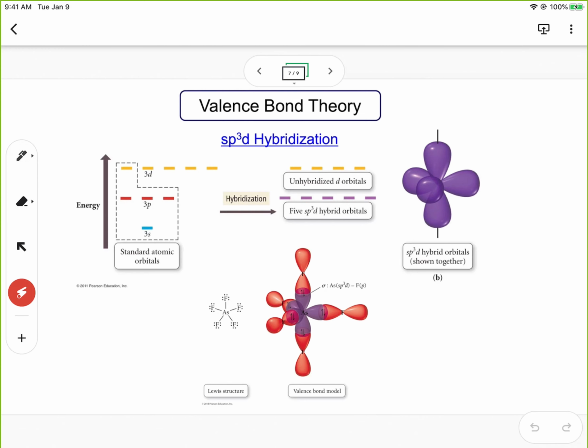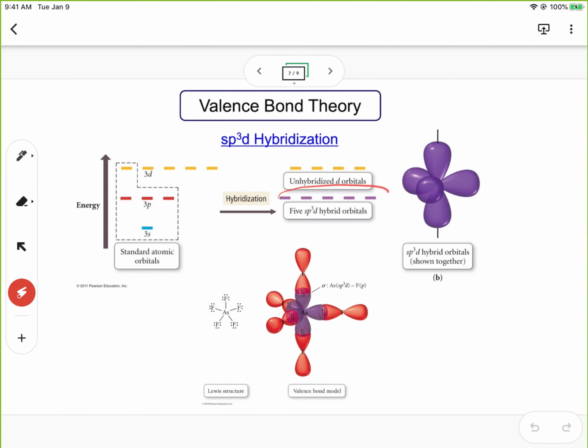Then what should we do? Well, in this case, one of the d orbitals will be involved. Okay, one of the 3d orbitals will be involved in the hybridization. In other words, one 3s orbital, three 3p orbitals, and one 3d orbital will hybridize to form 5 equivalent orbitals.